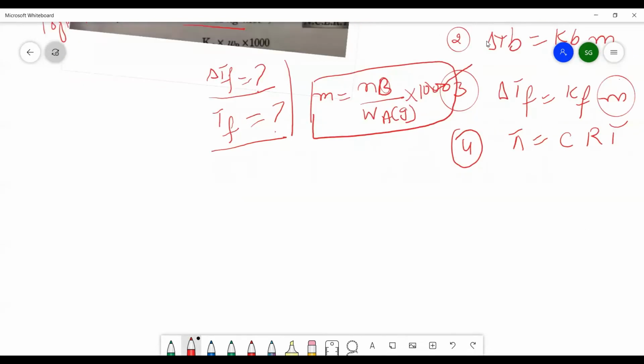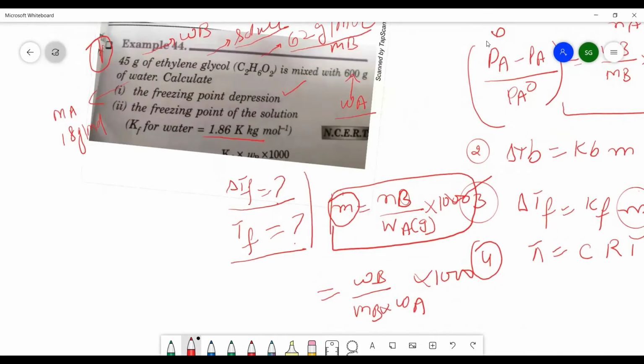You can calculate the molality first and then apply it in the formula delta TF equal to Kf into m, or you can directly put the values. This is WB upon MB into WA into 1000. Now from our data, WB is 45 gram, MB is 62 gram, WA is 600 gram, multiplied by 1000.